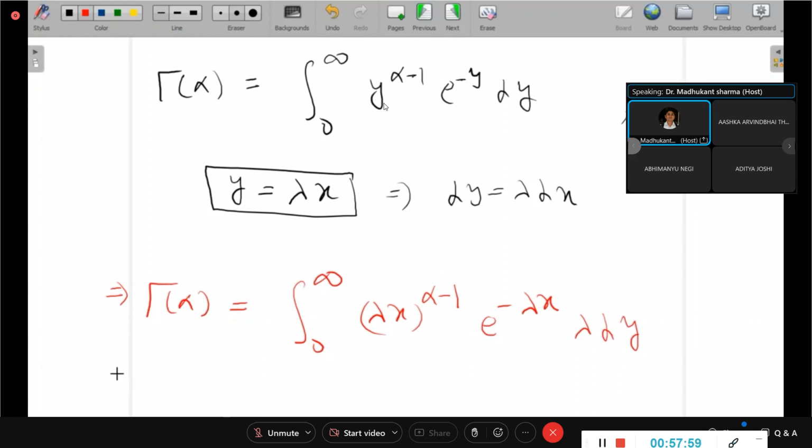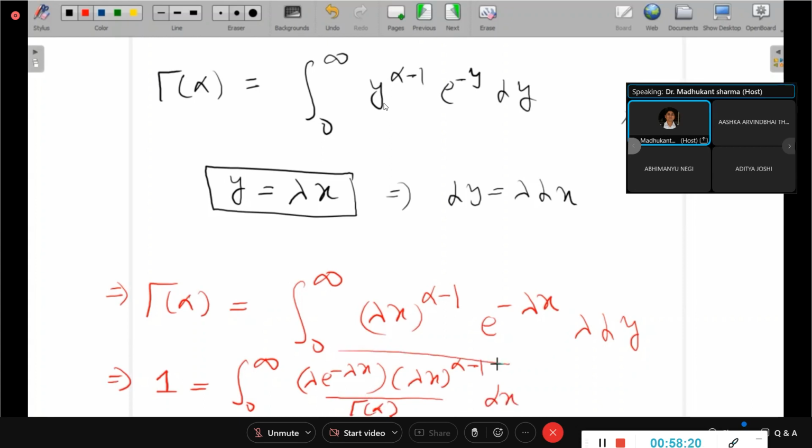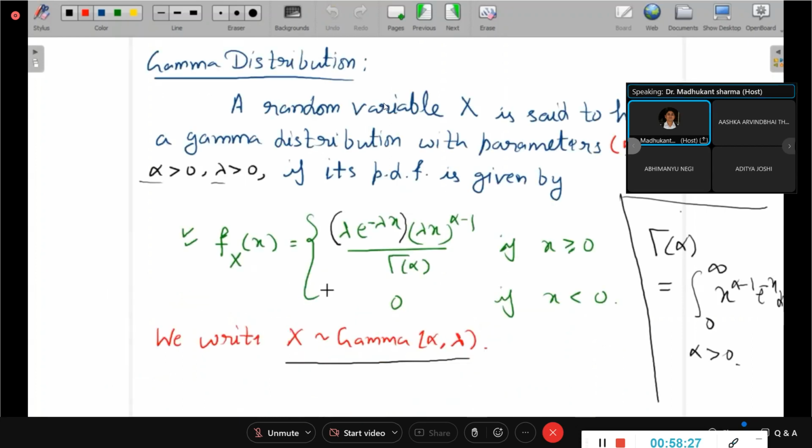Now if you arrange everything, this will imply 1 equals the integration from 0 to infinity of lambda times e to the power minus lambda x times lambda x to the power alpha minus 1 divided by gamma of alpha dx. So this is nothing but your density function, which you have just defined, and it satisfies the normality condition.